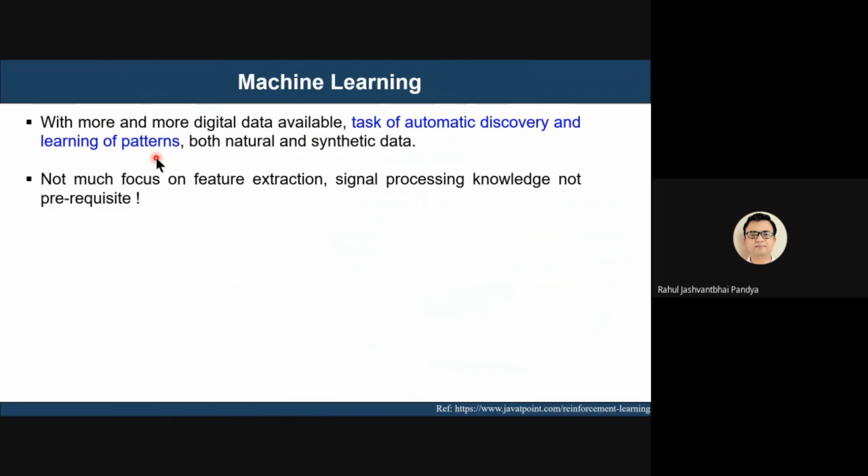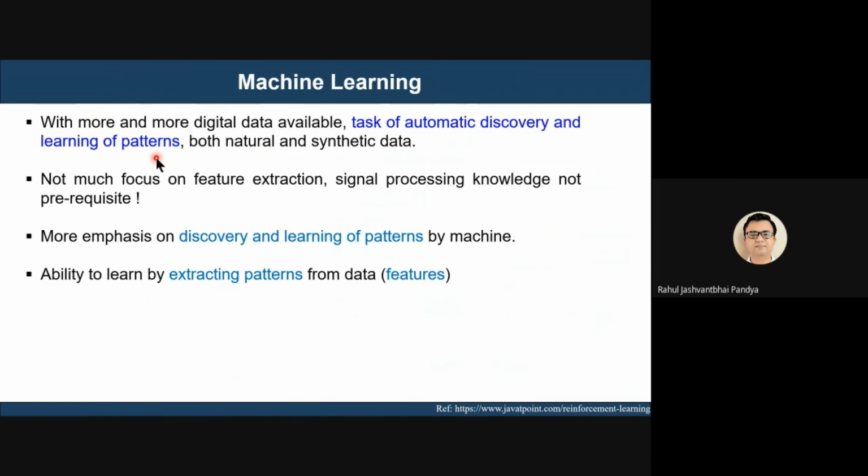There is not much focus on feature extraction or signal processing, it's not required as a prerequisite, but more emphasis would be on discovery and learning of the patterns by the machine, right?